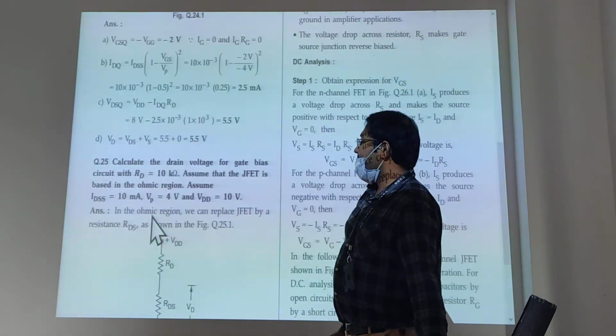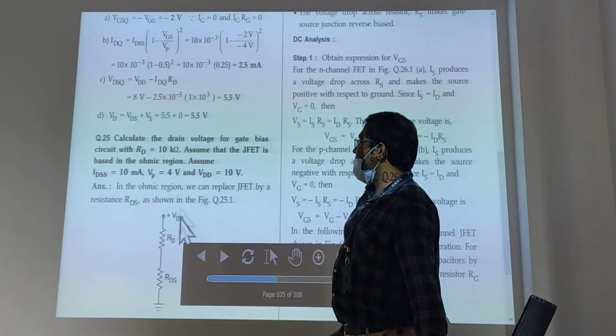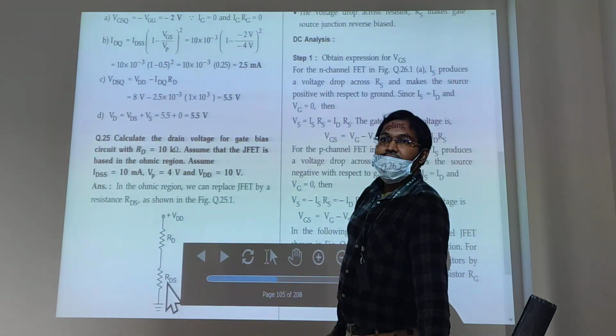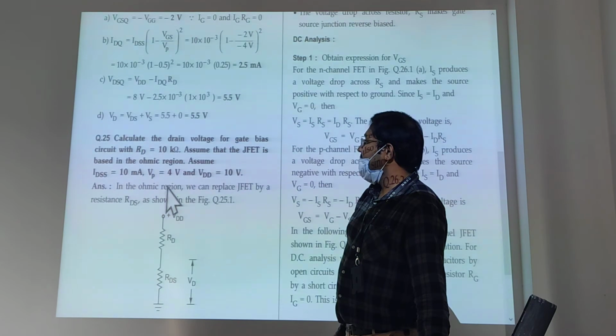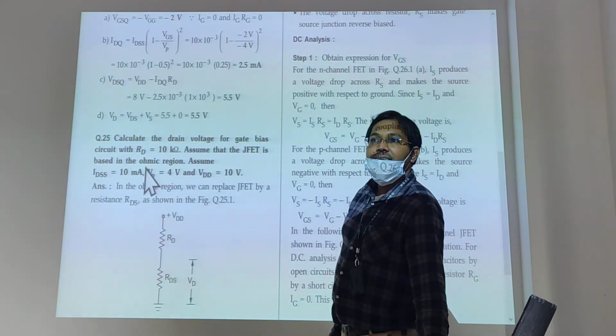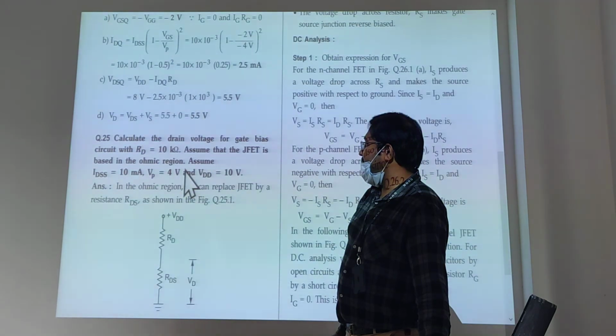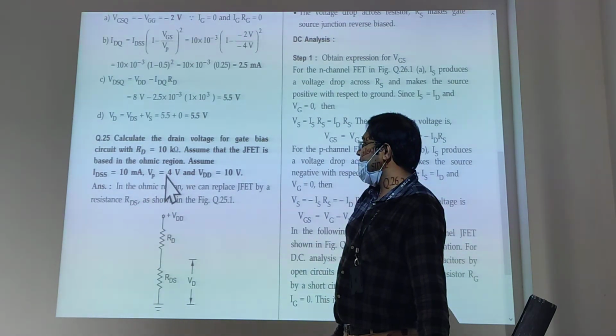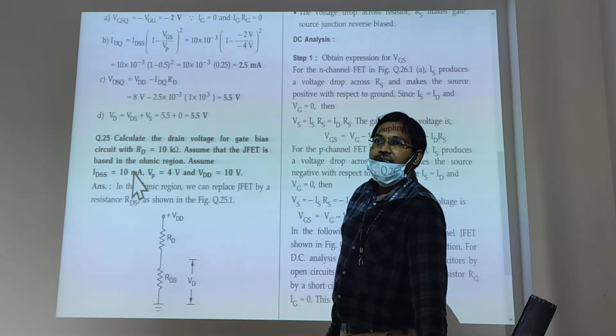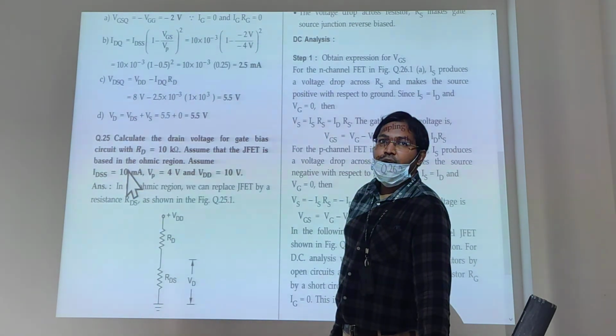RD is given. How much is RDS? What is the formula? RDS is VP by IDSS. 4 divided by 10 milliampere will give you 400 ohm.